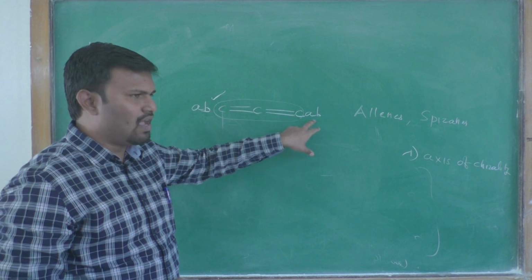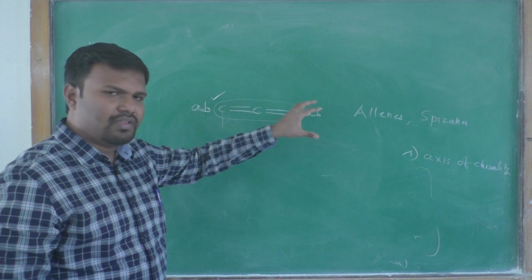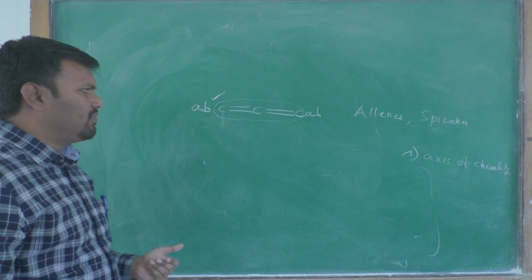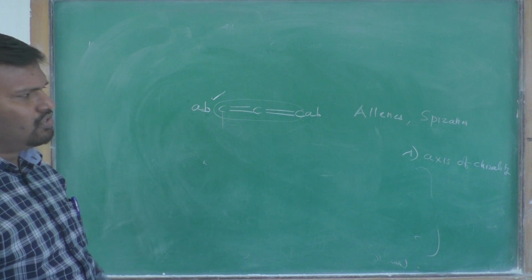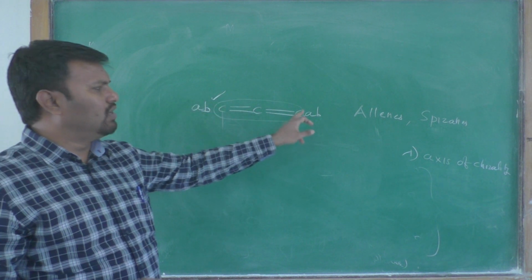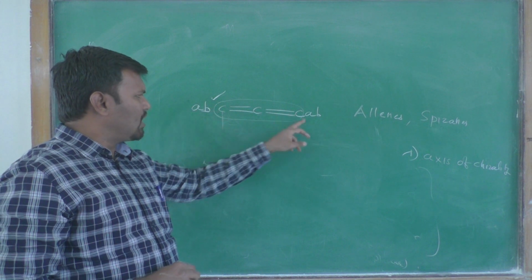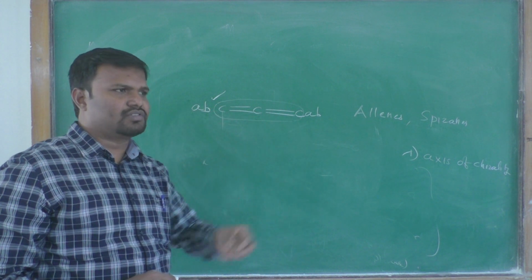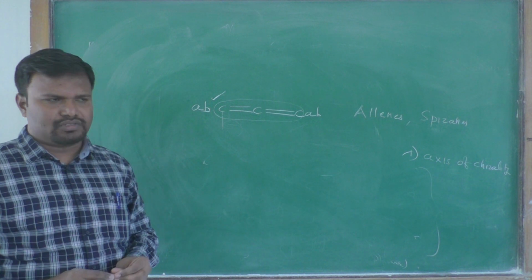If both AB groups are the same, it doesn't matter; it gives optical activity. But the condition is that this carbon has two different groups, and that carbon has two different groups. Even if the two carbons have the same groups, it is still an optically active compound.